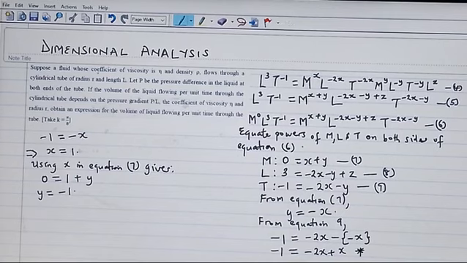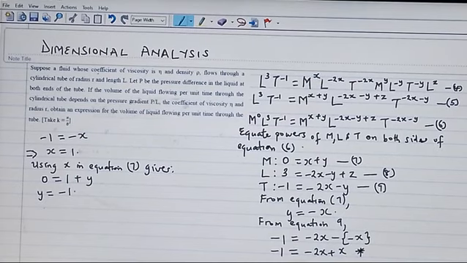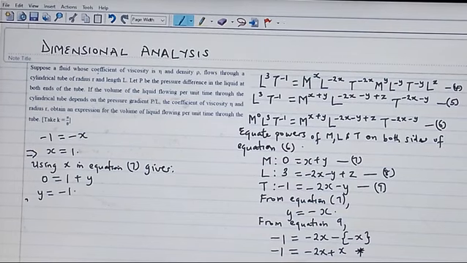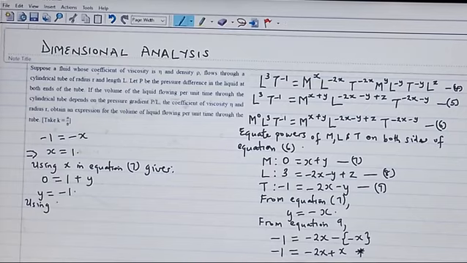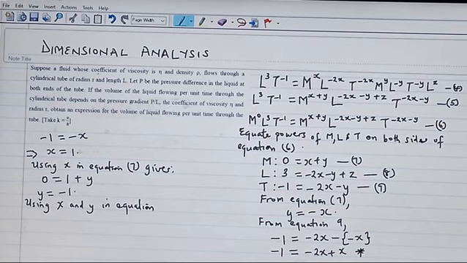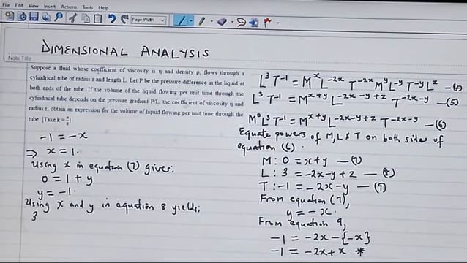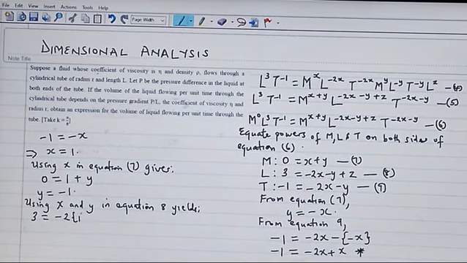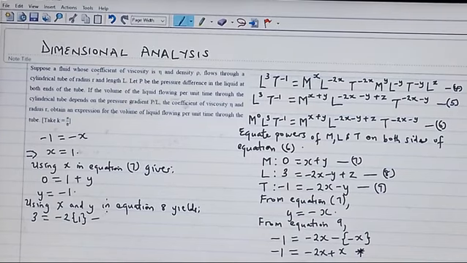Since we have gotten the values of x and y, we can now substitute them into equation 8. So in equation 8 we have 3 is equal to minus 2 into 1, minus y is minus of minus 1, plus z.